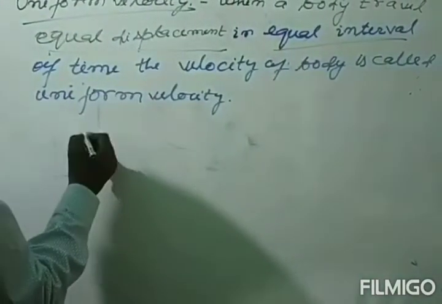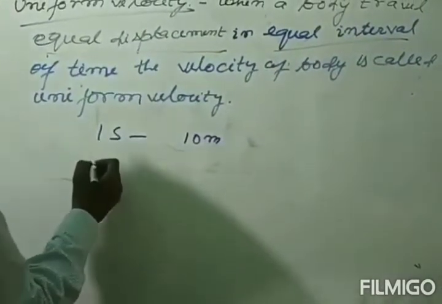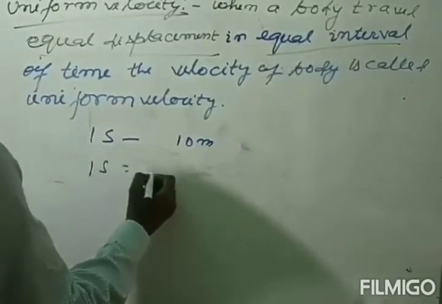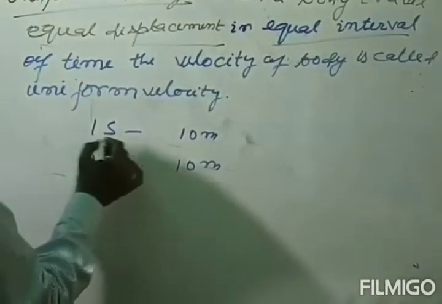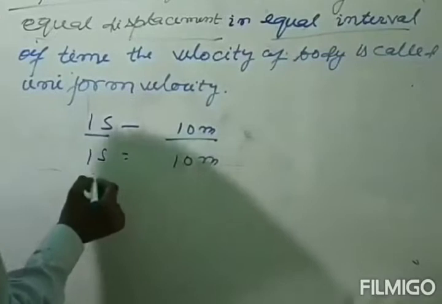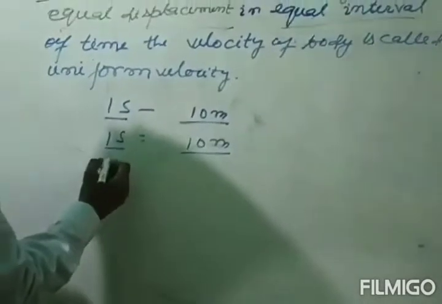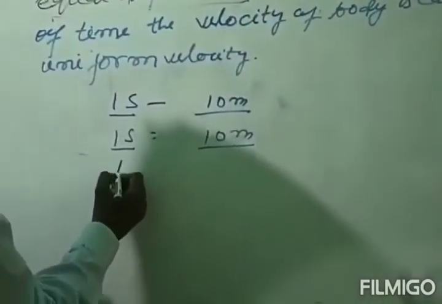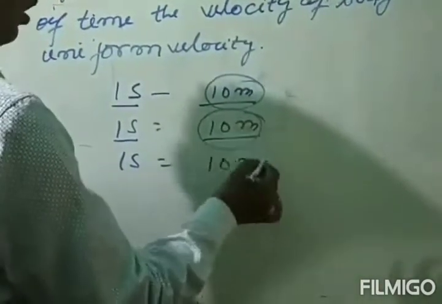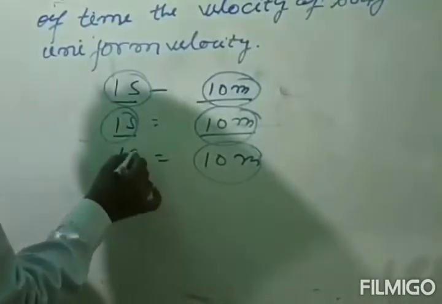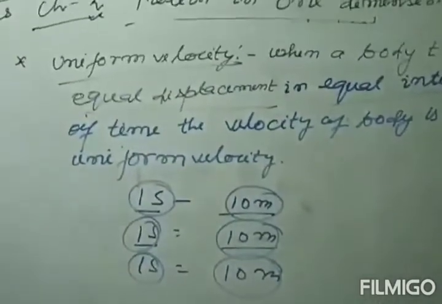For example, if the displacement of the body in the first second is 10 meter and the displacement of the body in the next 1 second is 10 meter, here displacement is equal in every equal interval of time, so the velocity of body is uniform velocity.